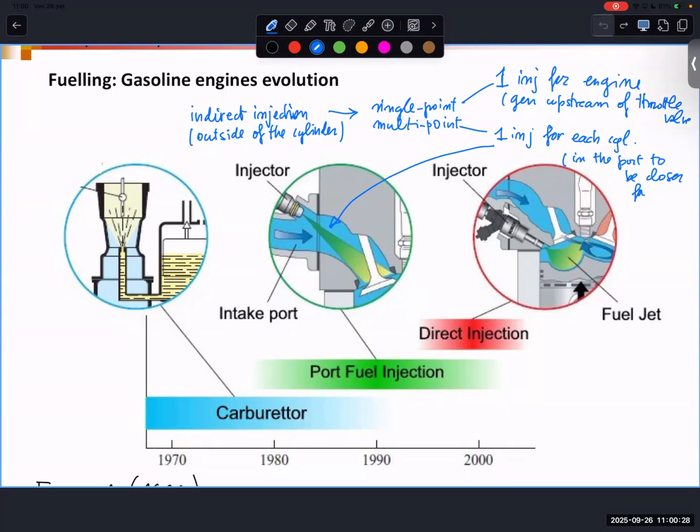So in this case, it's better to talk about port fuel injection, because in the single point it is not in the port, it is upstream. So port fuel injection should be better used for the multi-point injection system.